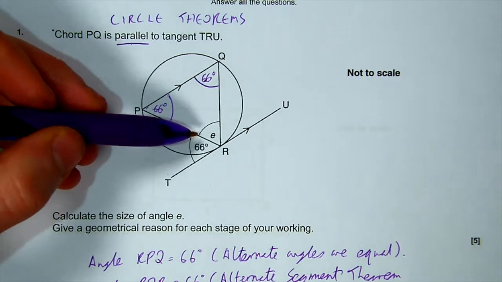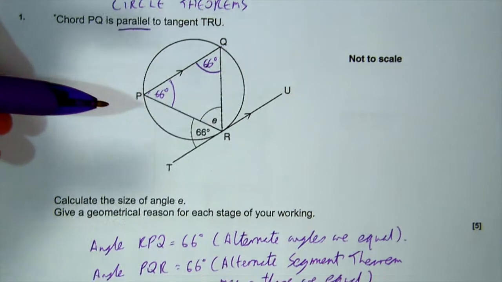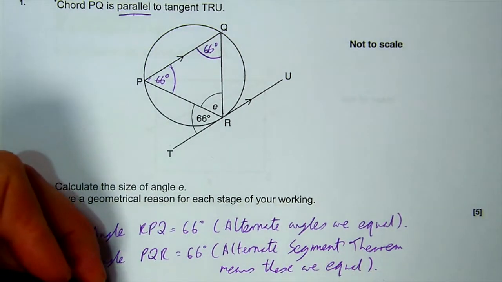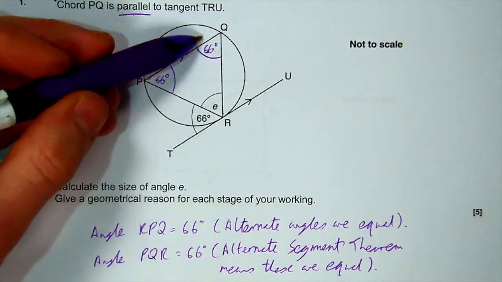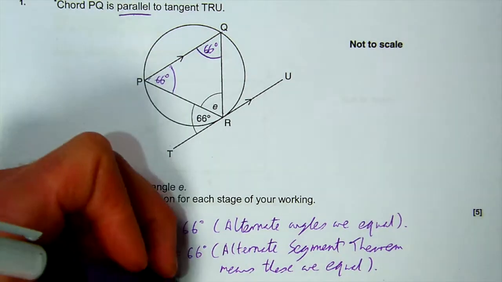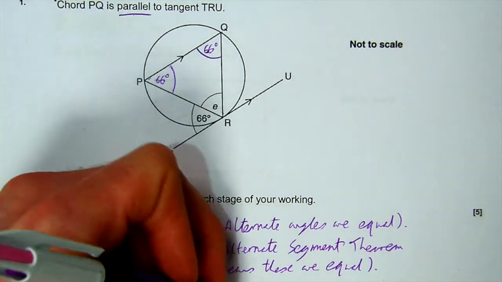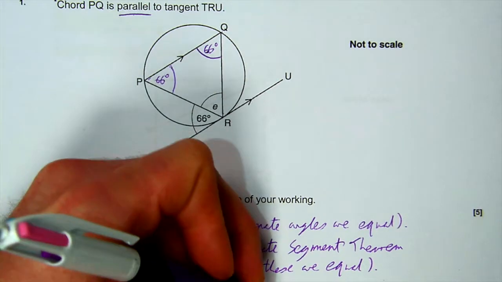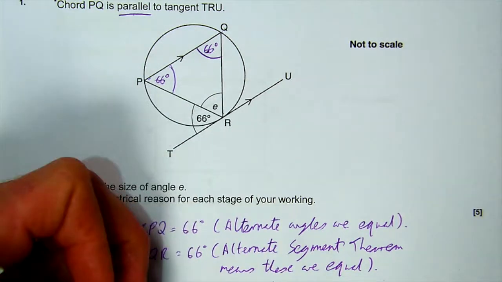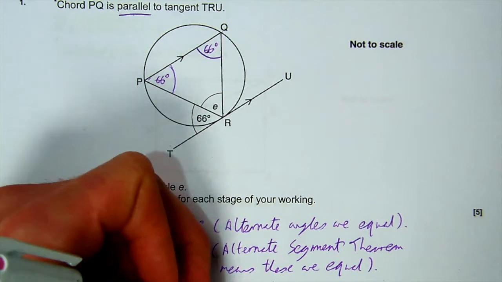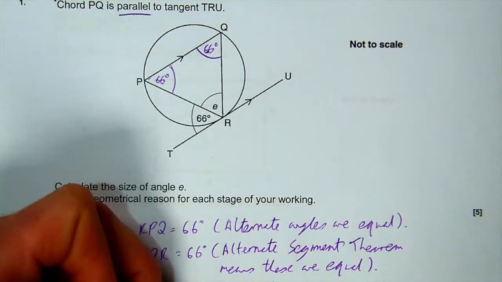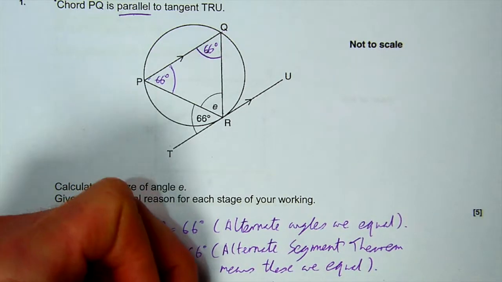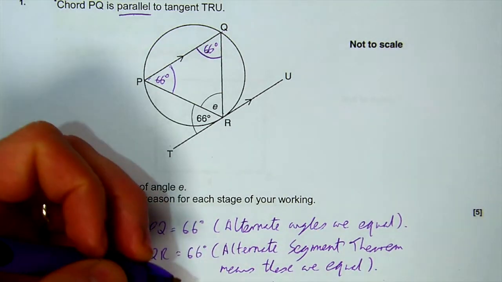Now all I need to do is find angle E. So I'm going to write that down. Angle E, and simply the case that they're within a triangle, it'll be 180 degrees take away the two angles added together, 132, which is going to be 48 degrees.